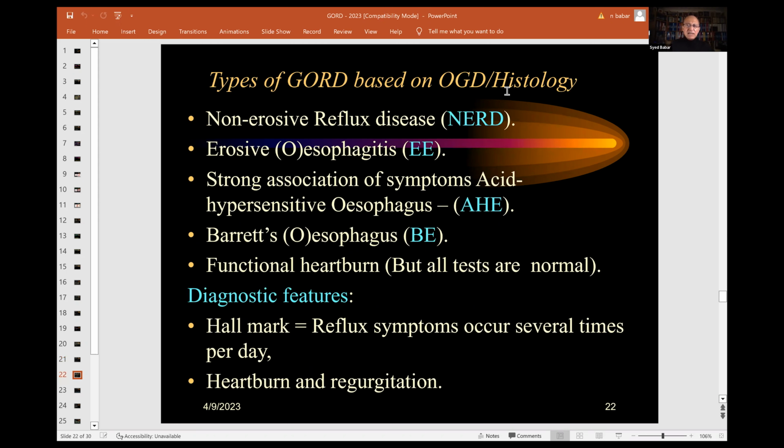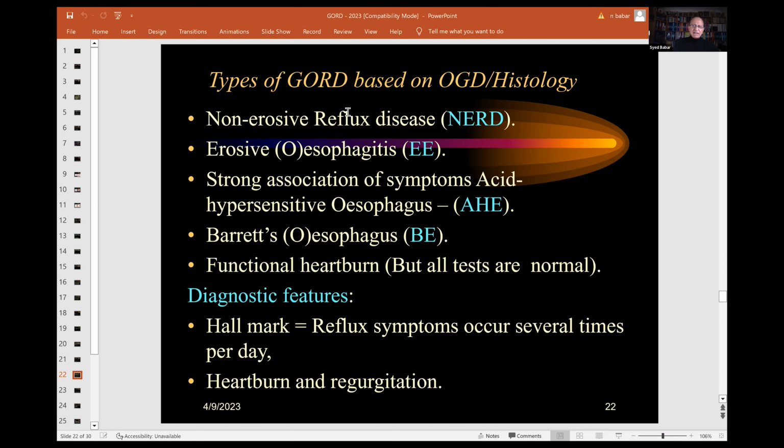Now, if you diagnose GORD on the basis of there being histological evidence of conversion from squamous cell epithelium to columnar-like epithelium or inflammatory disorder, as in the case of Barrett's esophagus, then one can histologically diagnose it as non-erosive reflux disease. There is no ulcer, no acute inflammation.